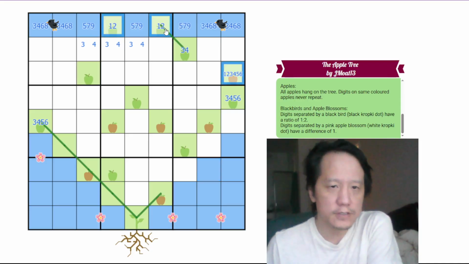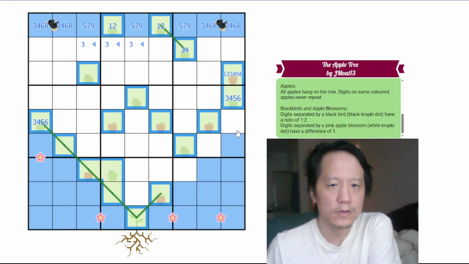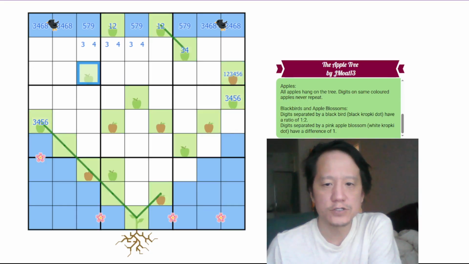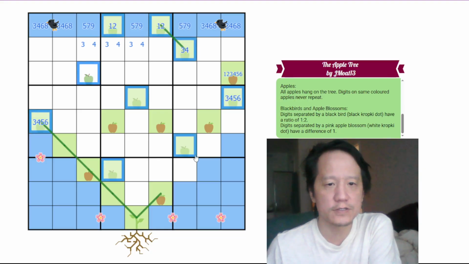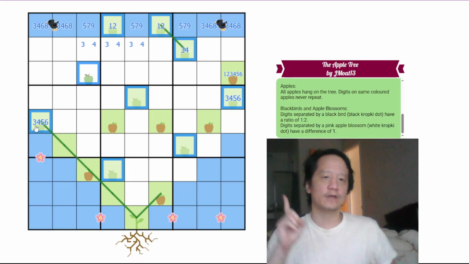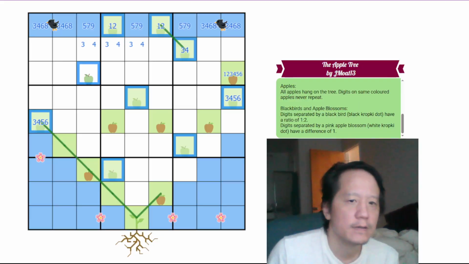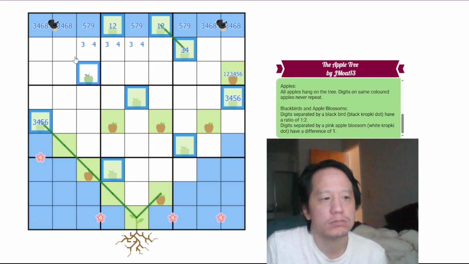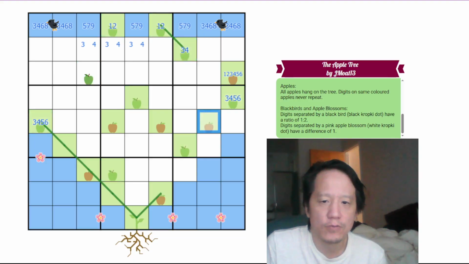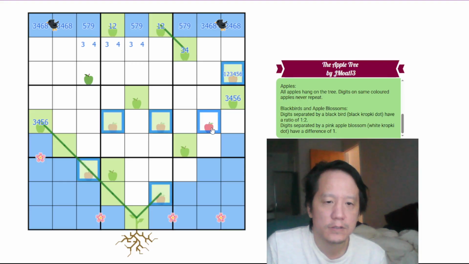How many green apples do we have? Okay, let's just remove 1 so that we can get all the greens. 1, 2, 3, 4, 5, 6, 7, 8, 9. So we have 9. I think we have 6 red apples, right? 1, 2, 3, 4, 5, 6.